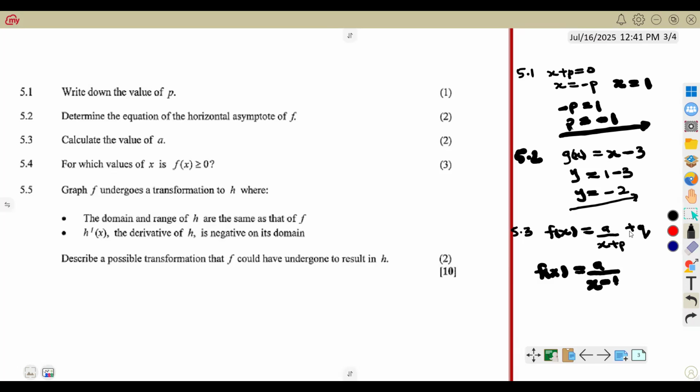What's the value of q? Q helps us with the horizontal asymptote, so our q here is equal to minus 2. We are left with A. So we go to our graph.